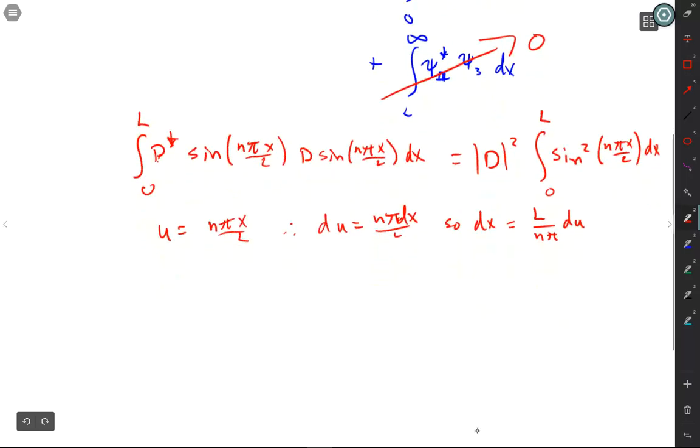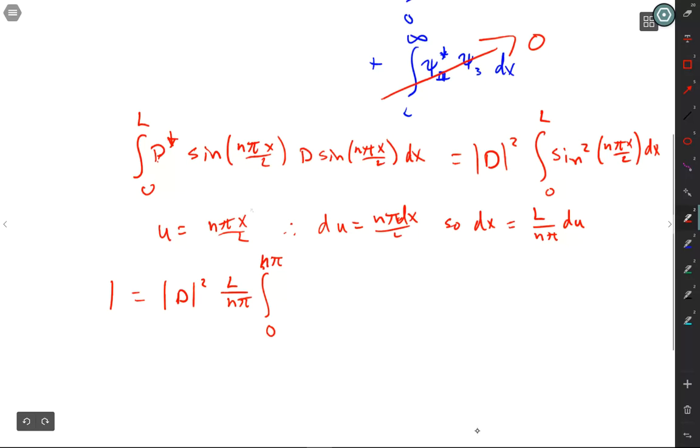Then my integral becomes, okay, so I'm substituting for my limit, and since u is equal to n pi x over L, I substituted L for x.